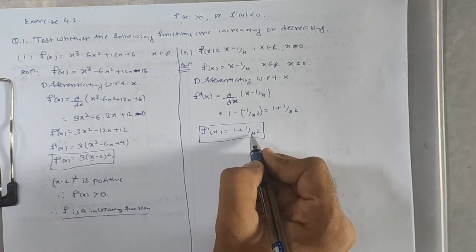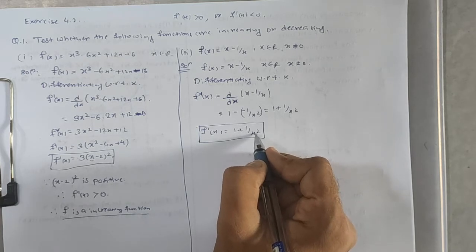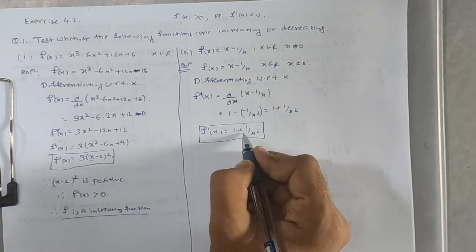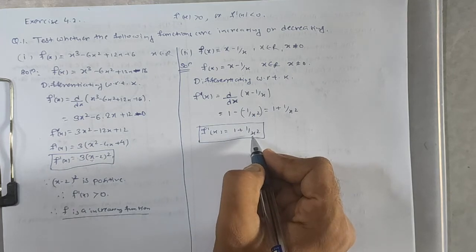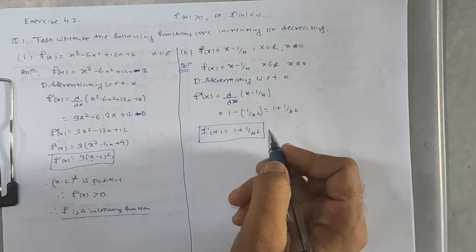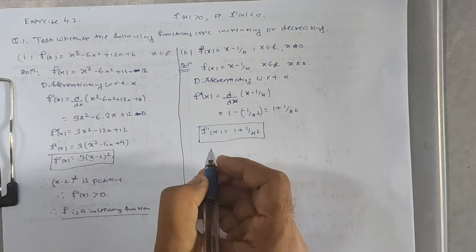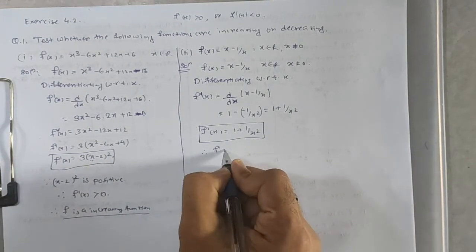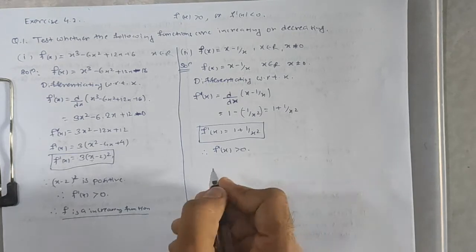If x tends to negative infinity, the square of any negative number will be positive, so this will again be positive. But if x is 2, 3, 4, 5, this will be 1 point something, which is again a positive real value. Therefore f dash of x is greater than 0.